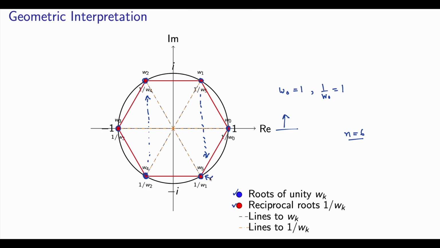So W1 will be here. And similarly W5 will go in there. It means that whatever the roots are there in the upper half will map into the lower half, right? And whatever the lower half roots are will map into the upper half, right?